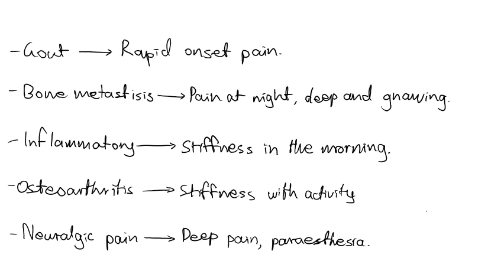Pins and needles can be quite painful if a patient has had chronic or prolonged compression of a nerve. They will be quite upfront about this. If you move a joint, they will likely complain of a large amount of pain if that movement causes pain. So on this slide, we've looked at gout, which causes rapid onset pain, bone metastases, pain at night, inflammatory pain, stiffness in the morning, osteoarthritis, stiffness with activity, and finally neuralgic pain, which causes deep pain and paresthesia.